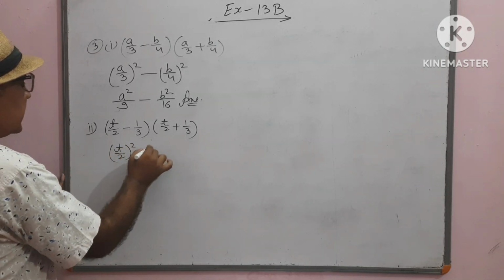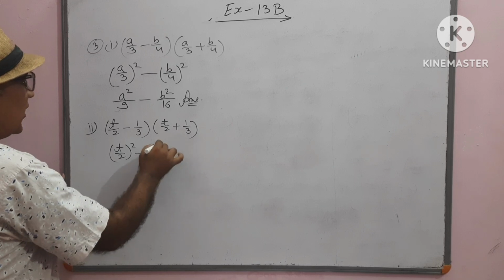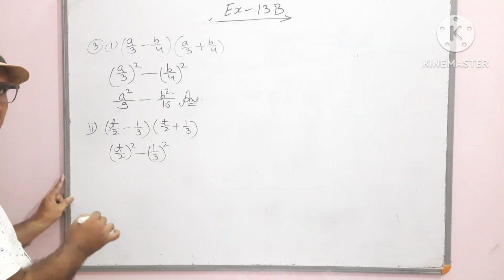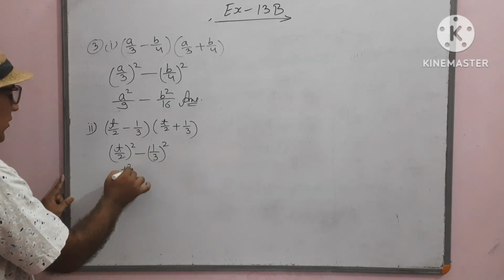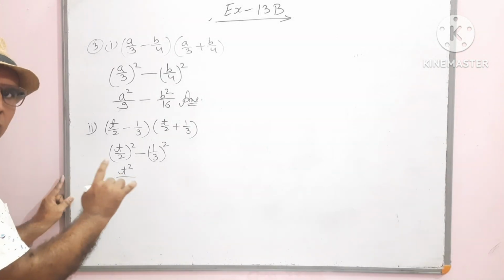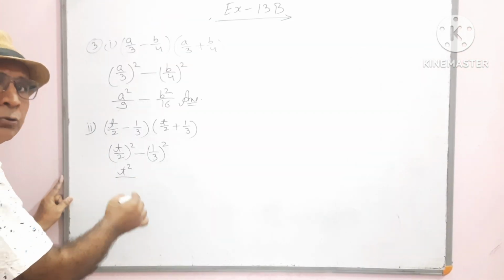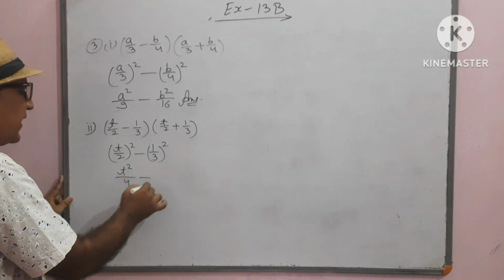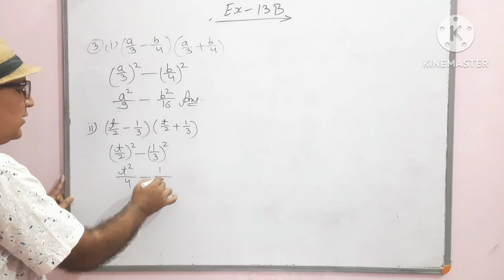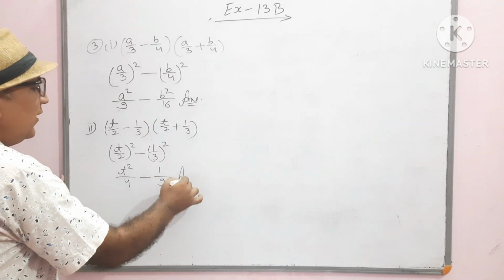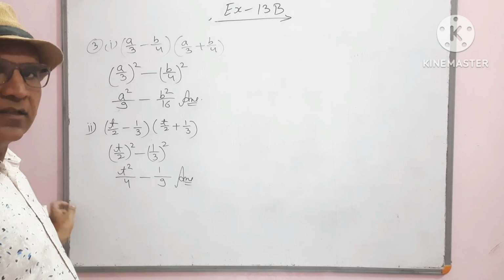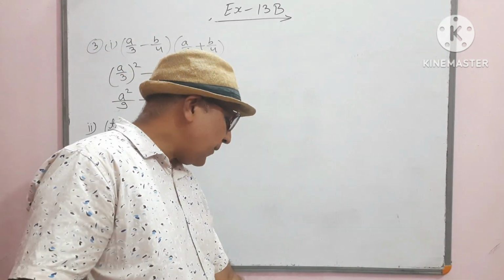T by 2 whole square minus 1 by 3 whole square. Now calculate it. T square is T square. 2 square is 2 into 2, 4. Minus 1 square is 1. 3 square is 9. And this is your answer.